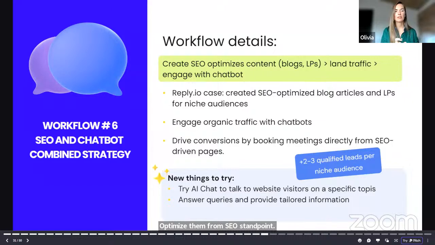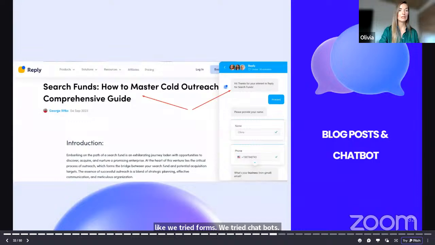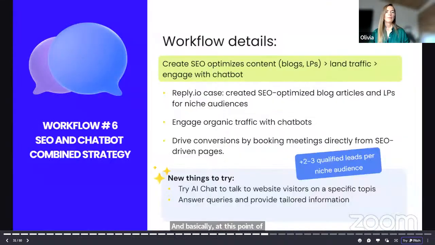But here is the point. We wanted to convert this traffic as much as we could. So we tried forms, we tried chatbots, and at this point of time it was Intercom. So we engaged organic traffic with chatbots and drove conversions by booking meetings directly from these pages.